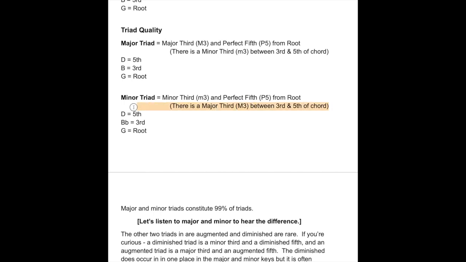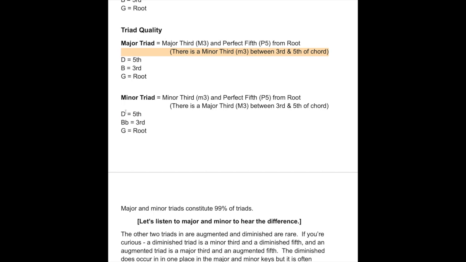This might seem trickier than just not pointing this out, but I've found over the years that when teaching this, some folks can get a little thrown off by thinking about the third in between the third and the fifth of the chord, and how it also changes quality.